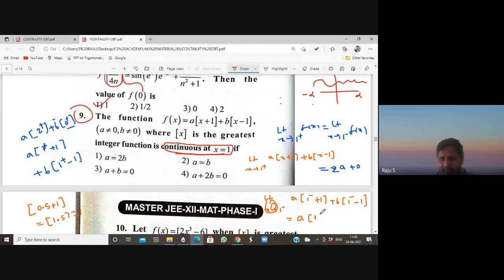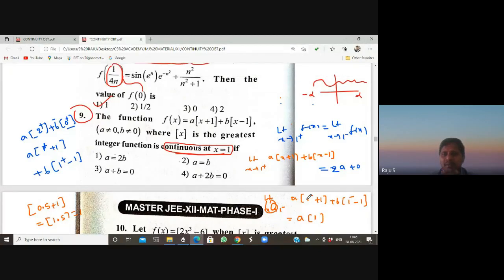Exactly, it is 1. Good. 1 minus means not minus 1, it means lesser than 1. The value may be like 0.999 or 0.5, but it should not be lesser than 0.